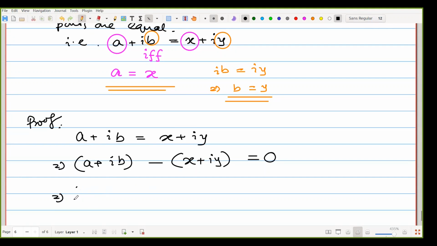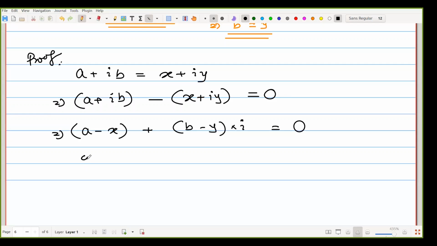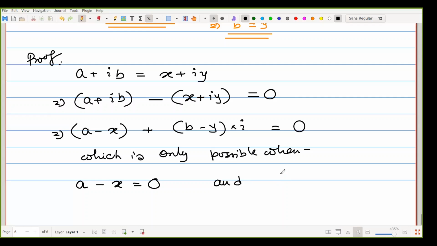Or we are writing here (A minus x) plus (B minus y) into i is equal to 0, which is only possible when we have A minus x is equal to 0 and B minus y is equal to 0.